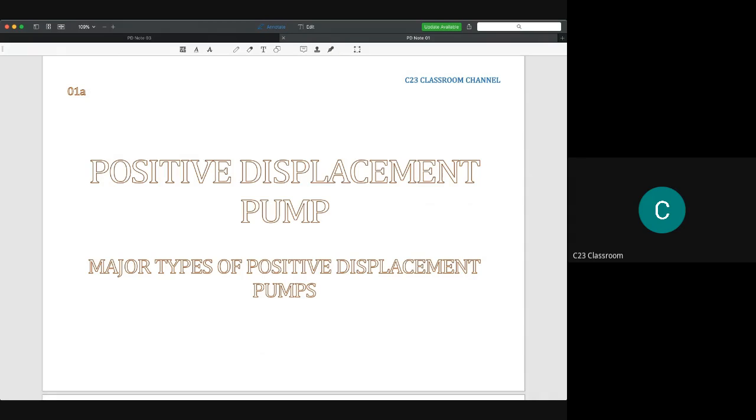Okay, so for today we continue our lecture about positive displacement pump, and we would like to see a few types of positive displacement pump, a few examples, and the advantage, the disadvantage, and the usage of each positive displacement pump.